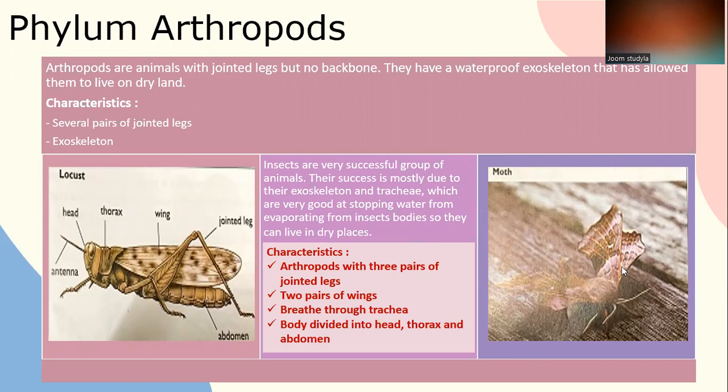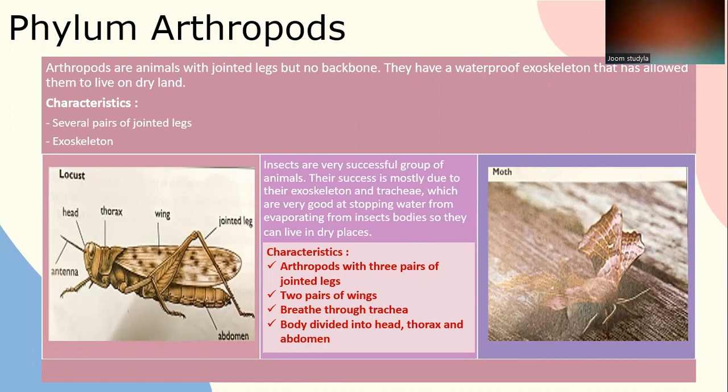The insects are a very successful group of animals. Their success is mostly due to their exoskeletons and tracheas, which are very good at stopping water from evaporating from the insect body, so they can live in dry places.